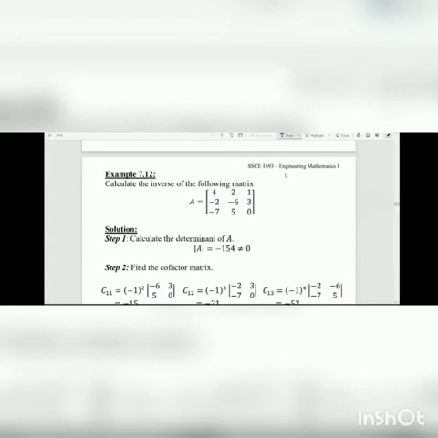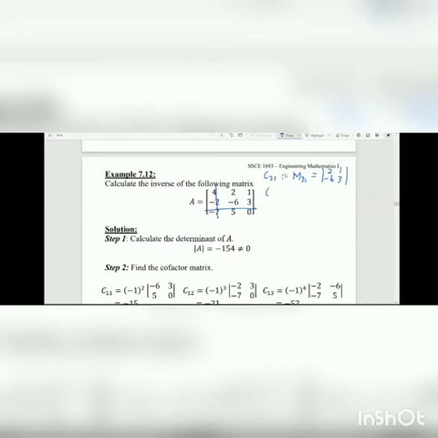So for C31, the minor M31 equals 2, 1, negative 6, 3. We get it from here, row 3 and column 1, this part.